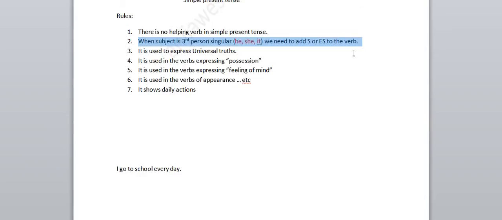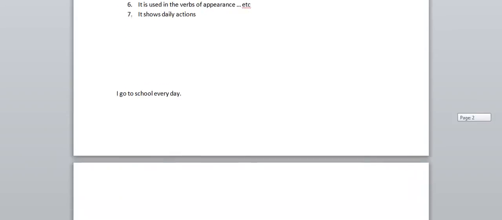First the main structure. When the verb ends in ss, suppose pass, in those cases we add es, and when the verb ends with sh as well. All this we will discuss later.